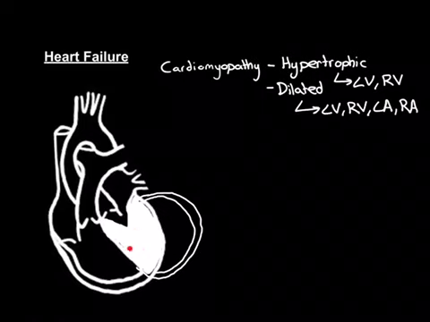So even though this might be big and thick and powerful, it can't actually pump that much blood because there just isn't enough space for the blood to come in. So it actually only holds a tiny amount of blood, chucks maybe all of that blood out, but that's hardly anything. So therefore, hypertrophic cardiomyopathy of the left ventricle or the right ventricle leads to heart failure.